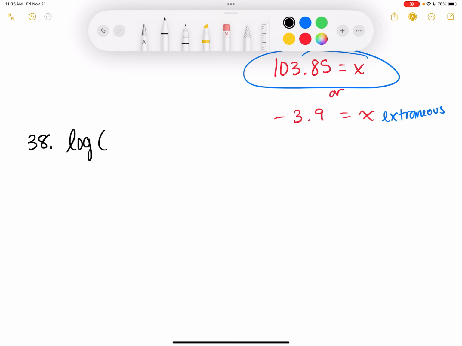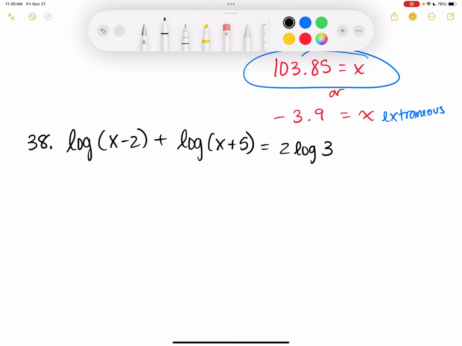38. The log of x minus 2 plus the log of x plus 5 equals 2 times the log of 3. So we can go ahead and do the multiply thing.